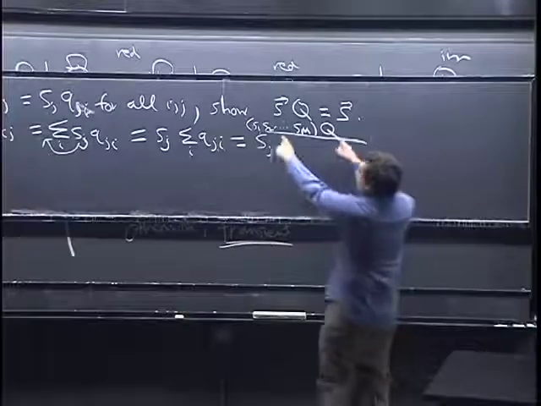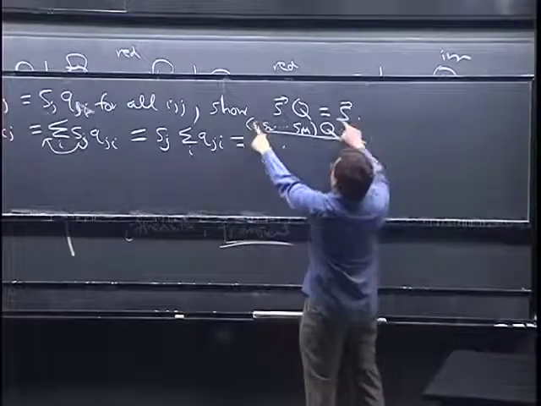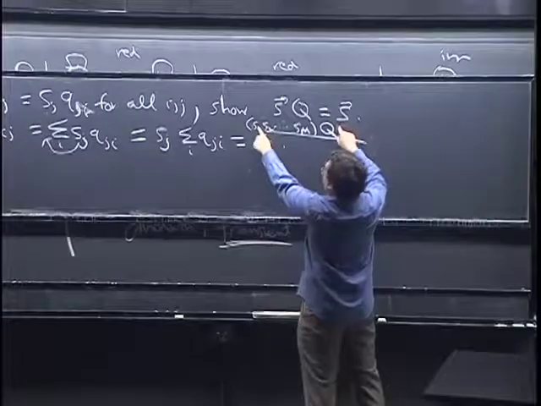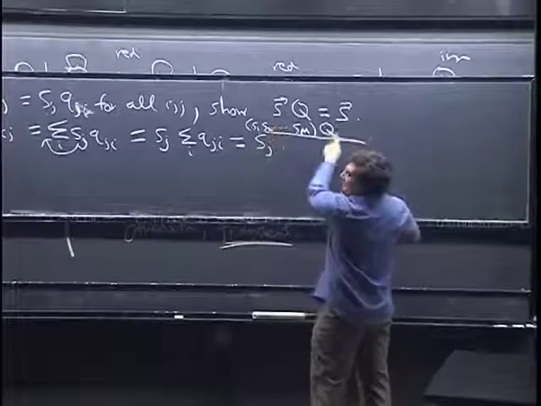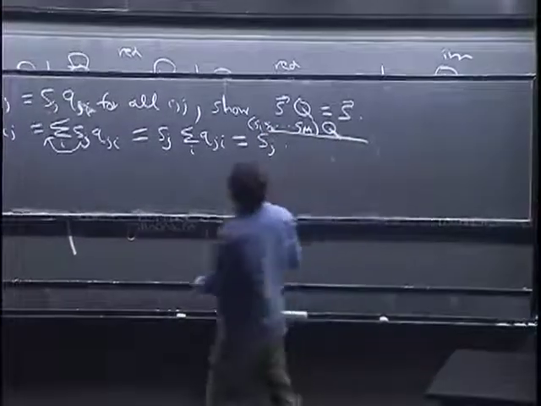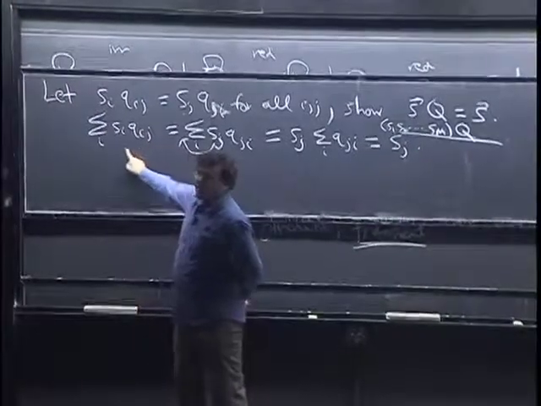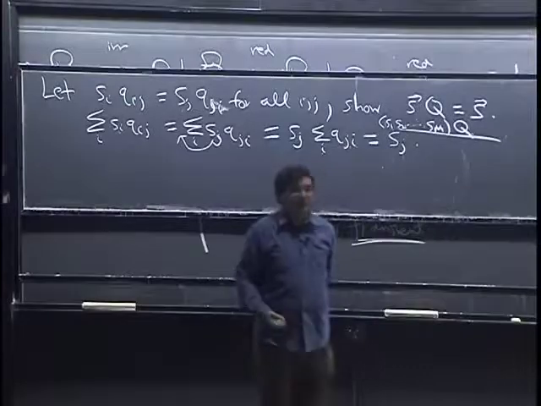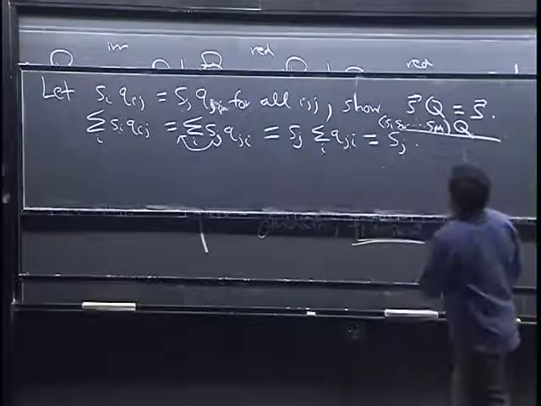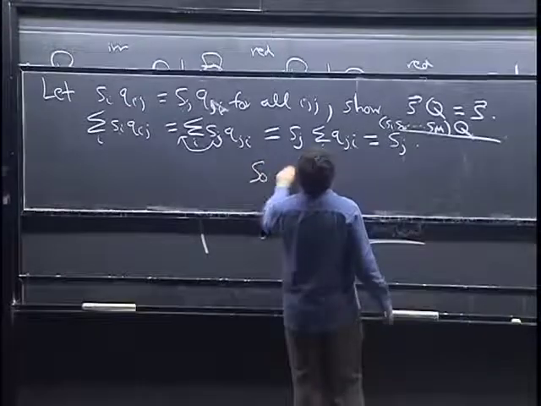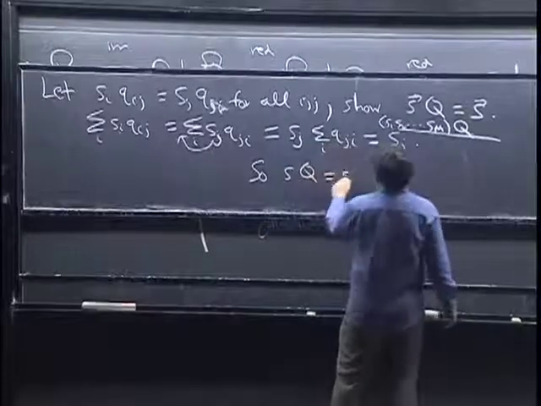Well, we just do the dot product. We take a column here and go this times this plus this times that. Just matrix multiplication. What you get for the jth entry is exactly this sum, just the definition of matrix multiplication. So SQ equals S. That's just the definition of matrix multiplication.